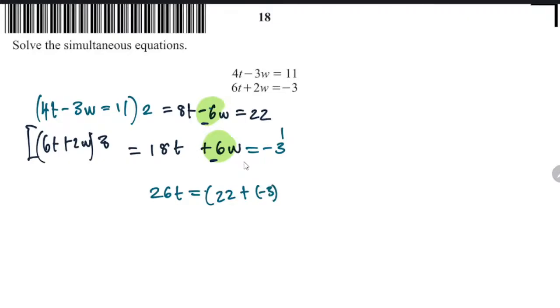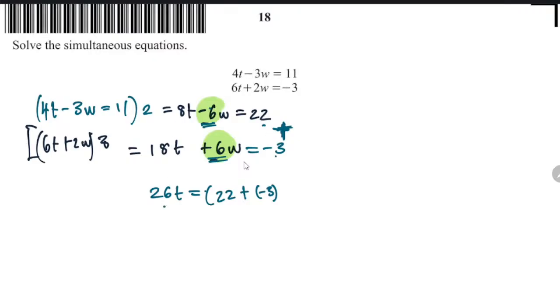We keep it as a plus. So if the signs are different, use a plus. If one is negative, one is positive, and you want to eliminate them, use a plus. So here we use a plus because this one is negative, this one is positive. The w goes. We remain with 8 and 18.